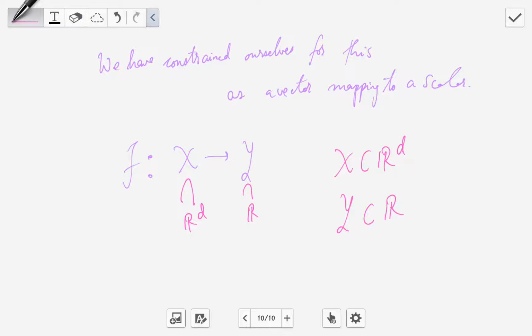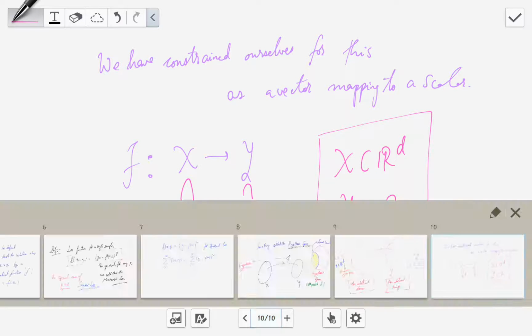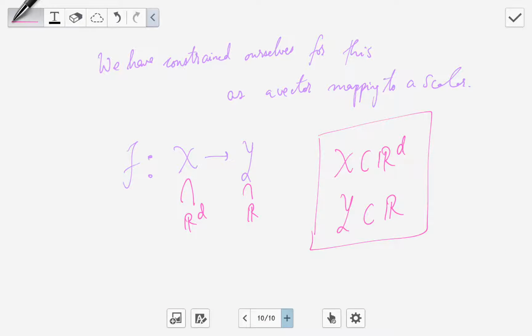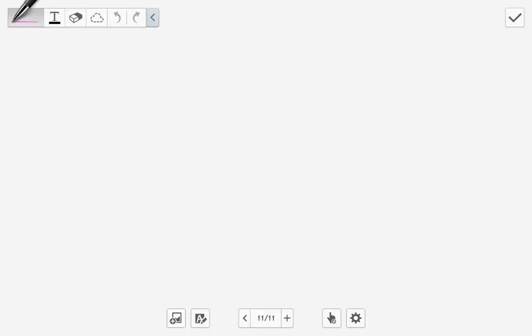right? Okay. Now, how do linear functions sit in this space?